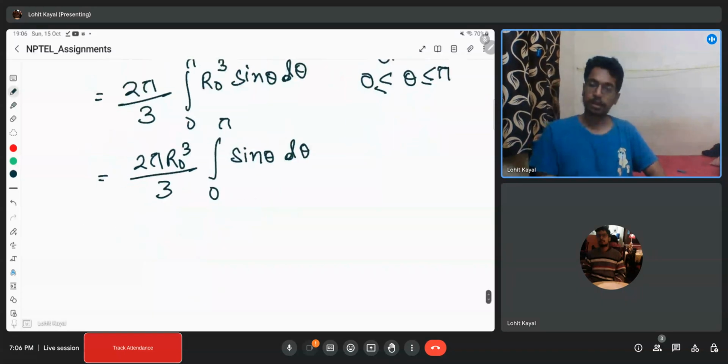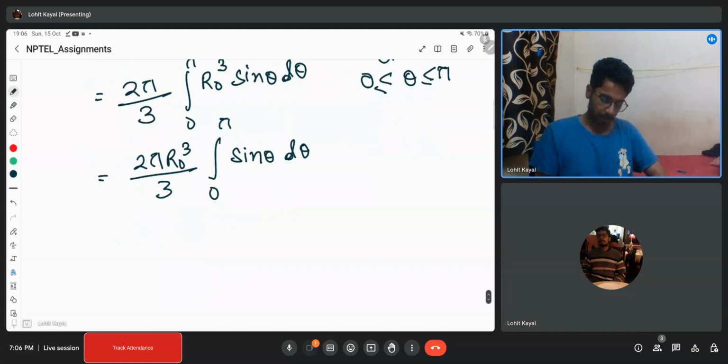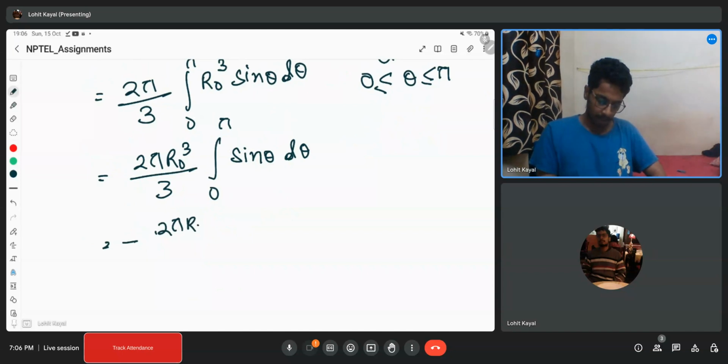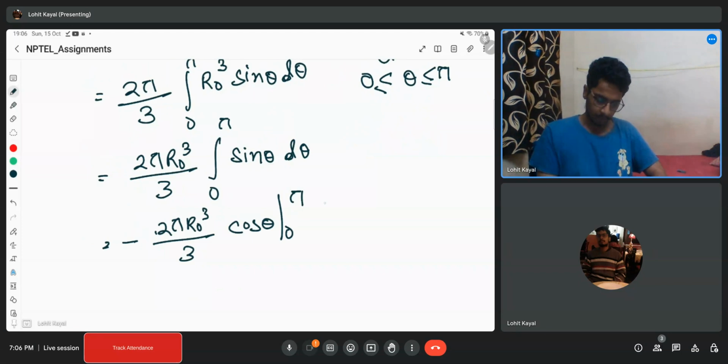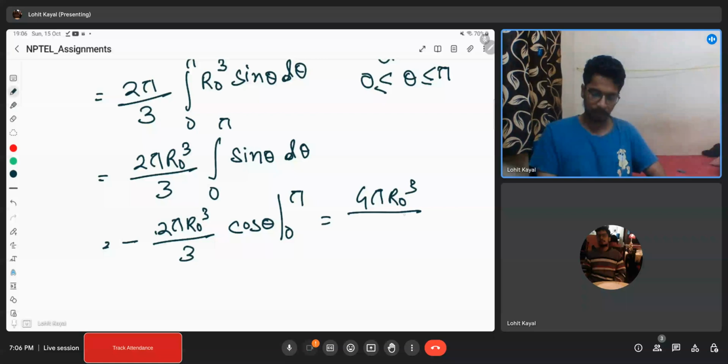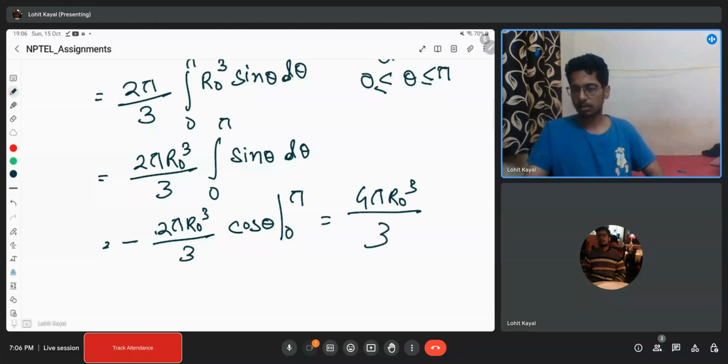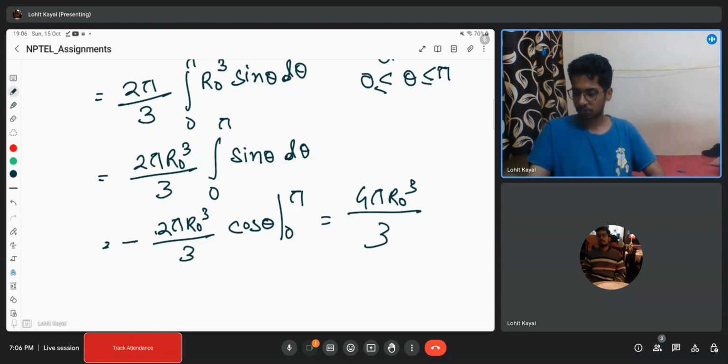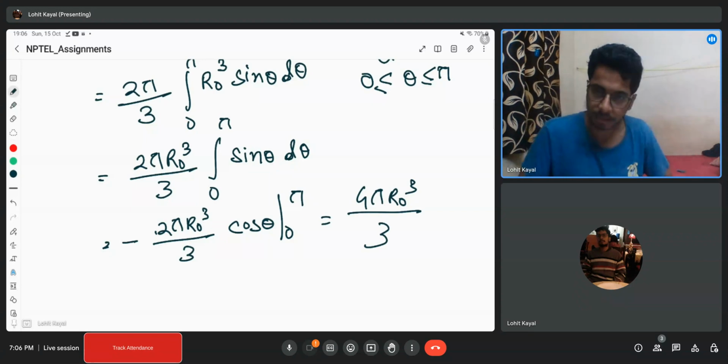Now integration of sine theta is minus cosine theta. So it will be minus 2 pi r naught cubed by 3 into cosine theta from 0 to pi. If you calculate, you will get 4 pi r naught cubed divided by 3. So this is the volume of the sphere.